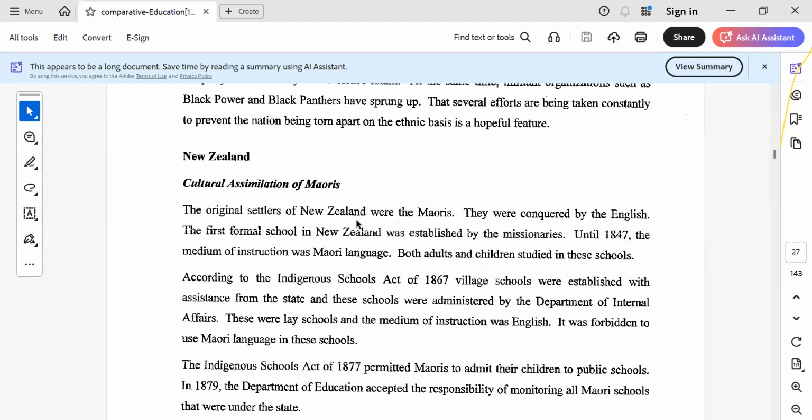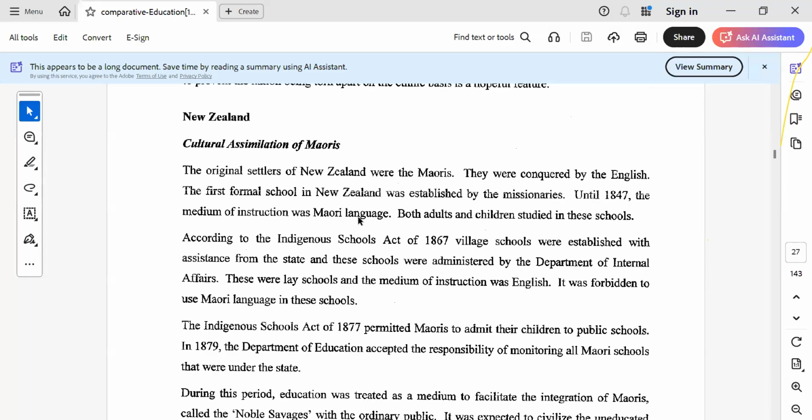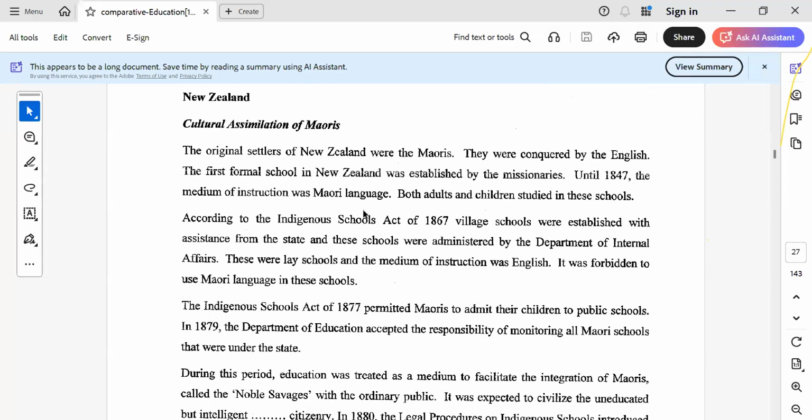So now we learn about two countries, right? First one is South Africa, second one is USA and New Zealand. Right, so can you read this? Try to read and understand.